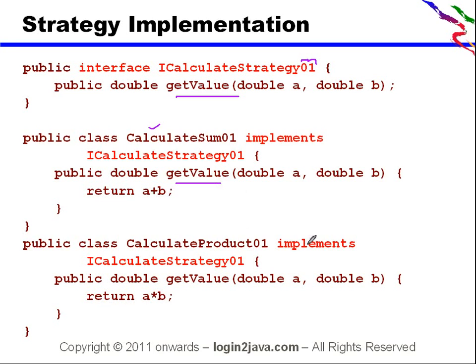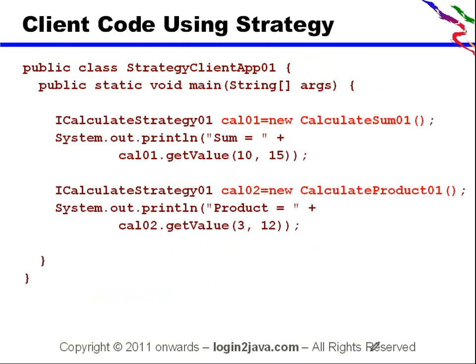Similarly, another strategy, CalculateProduct01, implements ICalculateStrategy01, and again implements the same method, getValue, which is returning a into b. So we are having one interface and two classes, and you can easily imagine how we can use it. This is our client application which is using the strategy. ICalculateStrategy01 is the reference for the strategy, and we are taking an instance of new CalculateSum01.